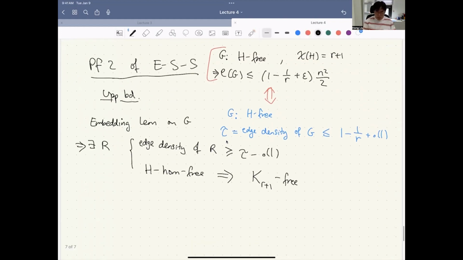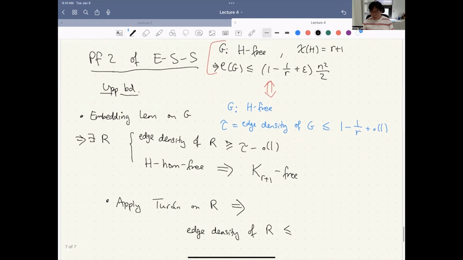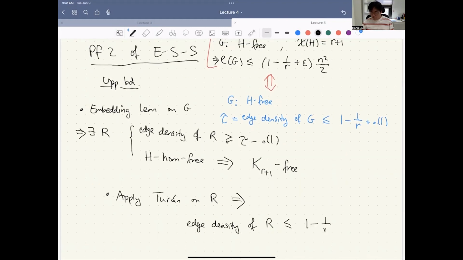Now we apply Turan's theorem on R. What do we get? Turan's theorem on R basically says the edge density of R is at most 1 minus 1 over chi(H). Right?